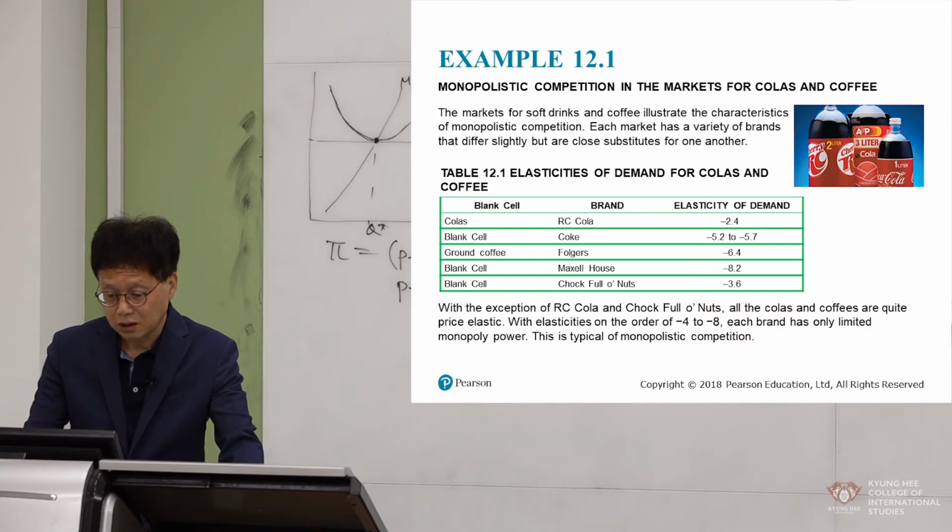With the exception of RC Cola and this one, all the Cokes and coffees are quite price elastic, with elasticity on the order of -4 to -8. Each brand has only limited monopoly power. This is typical of monopolistic competition.